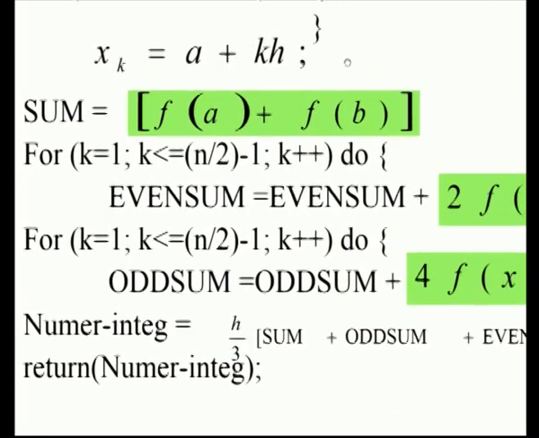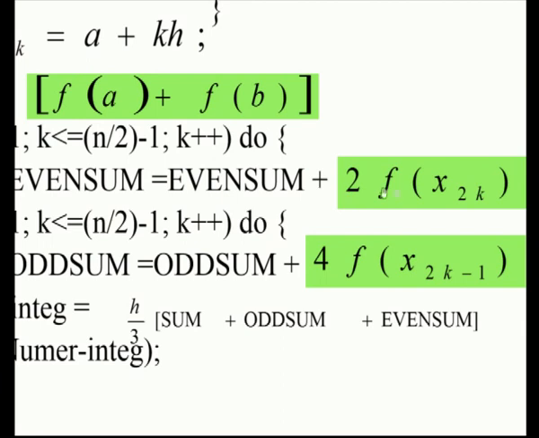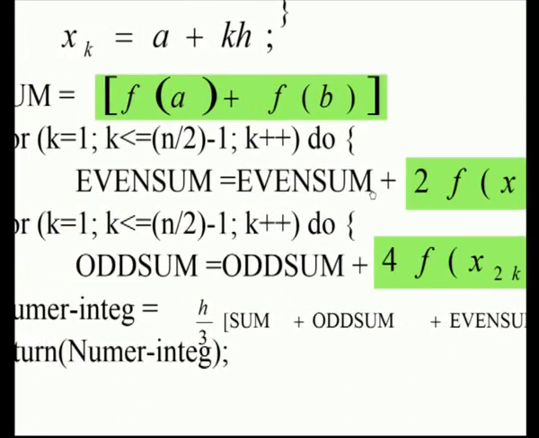Now there is a block structure for k equal to 1 up to the last even point other than the right point. I am adding that 2 times, calculating the function value, and updating the even sum. That will give you the even sum, which is initialized to be 0.